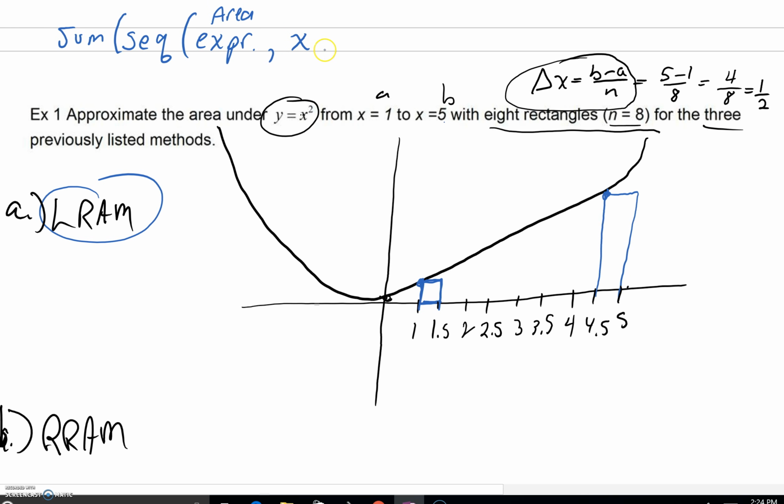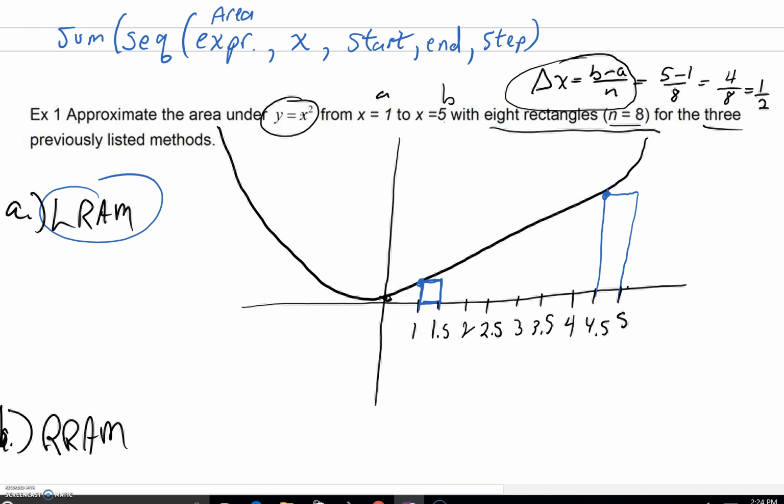We'll have x. We'll have a starting x value, the starting x value that determines your first height. When I say start, I mean it's the x value that will determine your first height. The ending x value, of course, is going to be your final x value used to determine a height. And then you're going to type in something called a step.